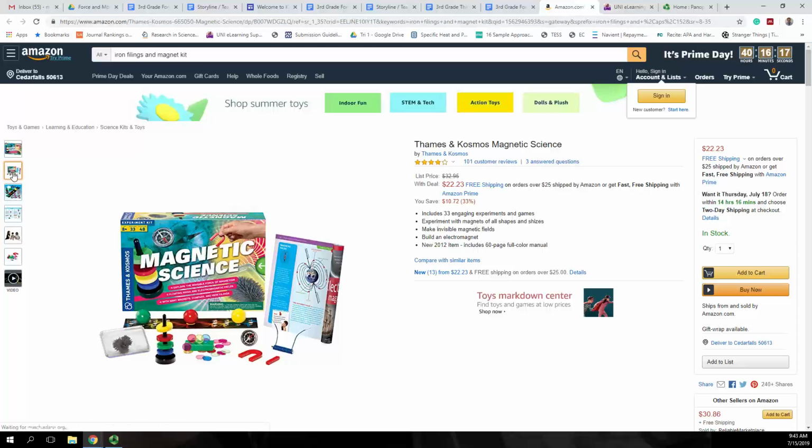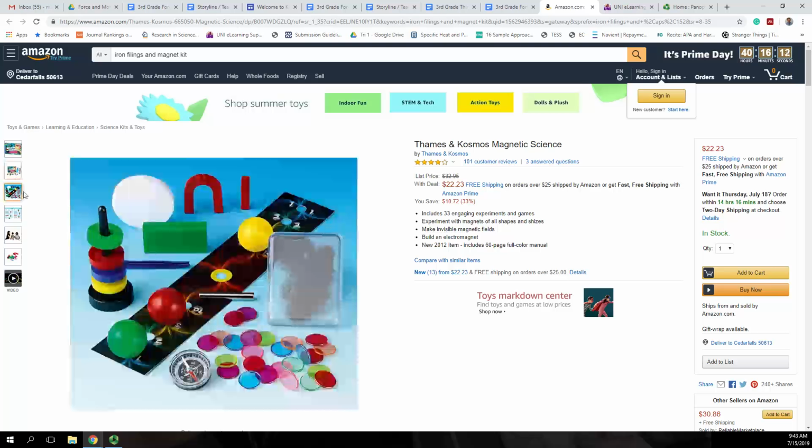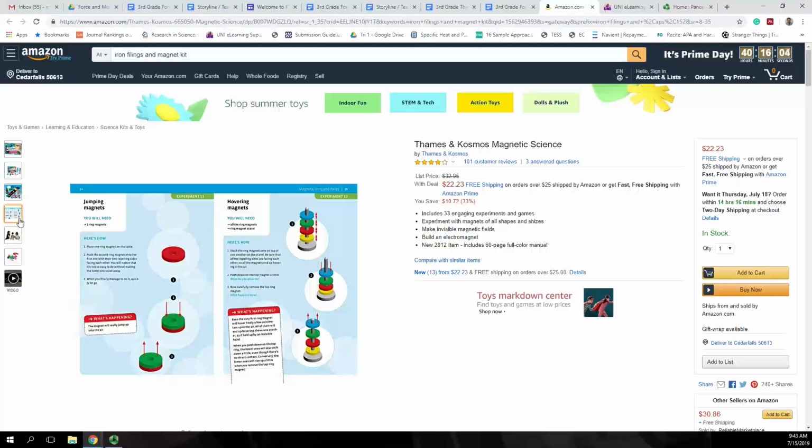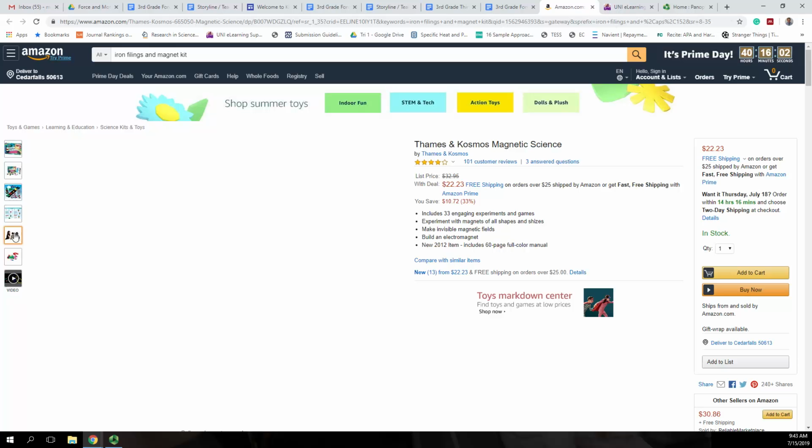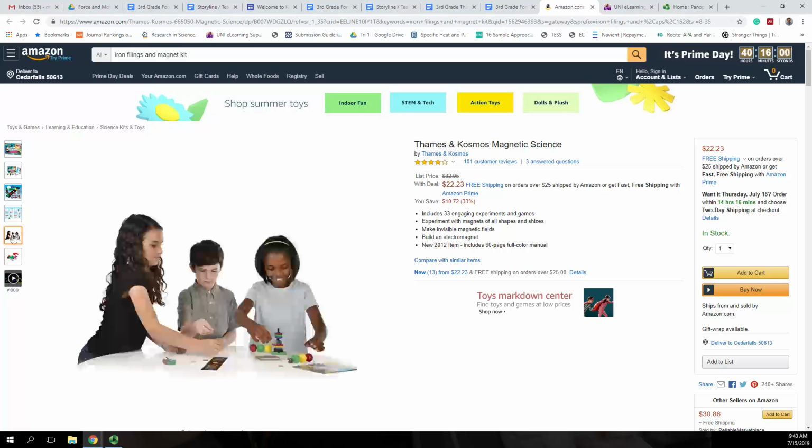You might want to talk to them about the appropriate way to handle things, but I wouldn't give them specific tasks, because this is all about students figuring it out on their own and being engaged in the wonder of what's going on with these magnets.